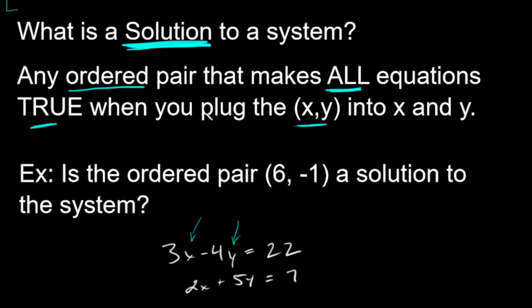So you should write down, solution: any ordered pair that makes all equations true when you plug them in. Just like we checked with inequalities in the last chapter, where we plugged this in for x and this in for y and determined if the statement was true, we're going to do the same thing here.